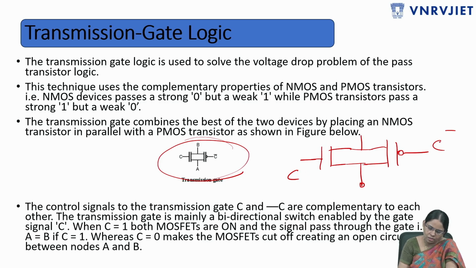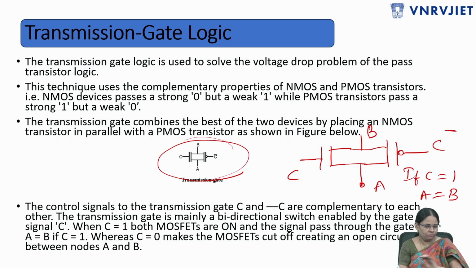That is the reason C equals to 0 is represented as C dash, C equals to 1 is represented as C, and then the input is transferred to the output. So here if C equals to 1, A equals to B. This is the logic behind transmission gate logic. Here we are combining both a PMOS transistor as well as an NMOS transistor.